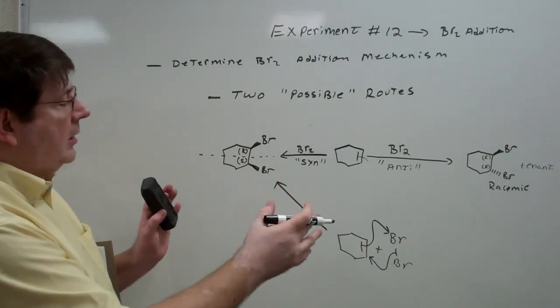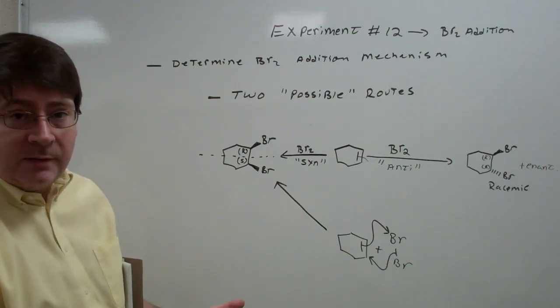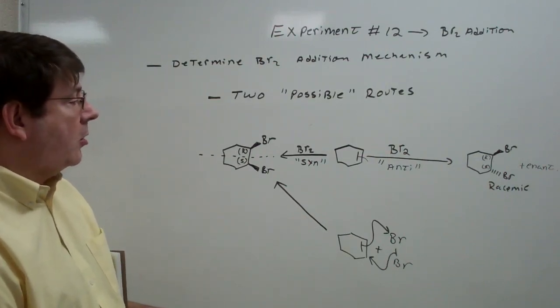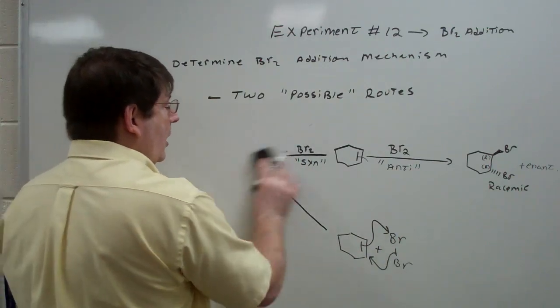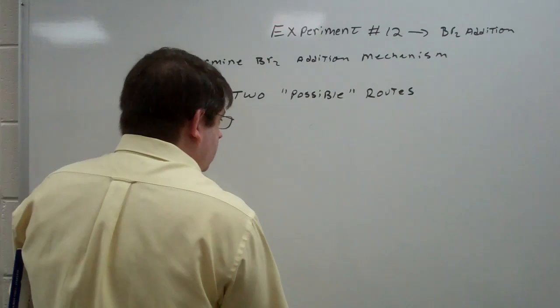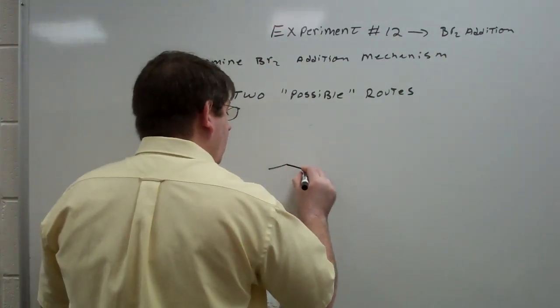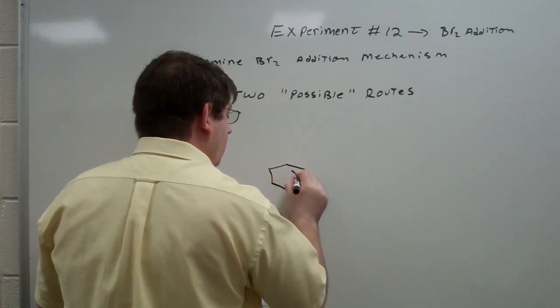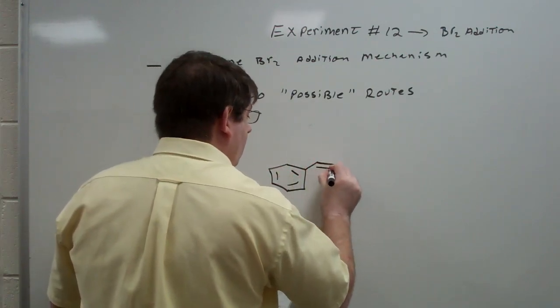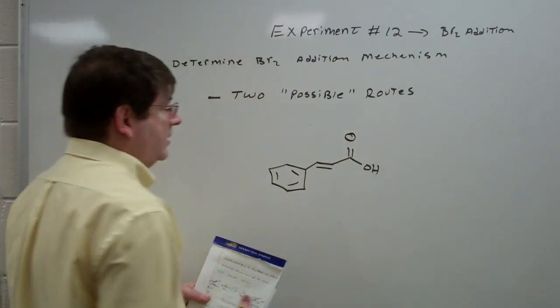What we're going to be doing this week in lab is using trans-cinnamic acid to add bromine across, and there are a couple of reasons for that. Let me go ahead and draw that out for you. We're going to be dealing with trans-cinnamic acid.